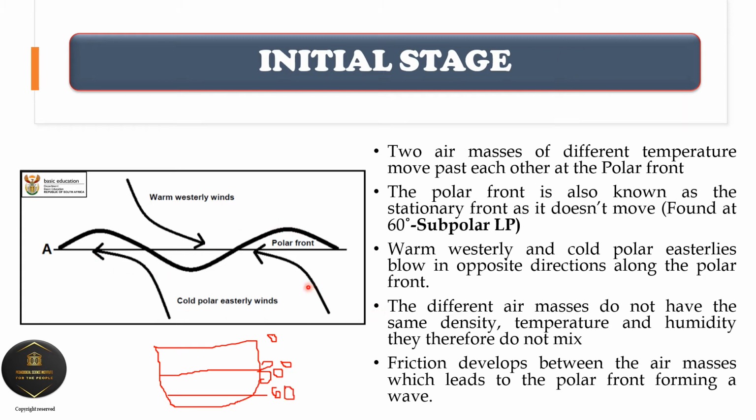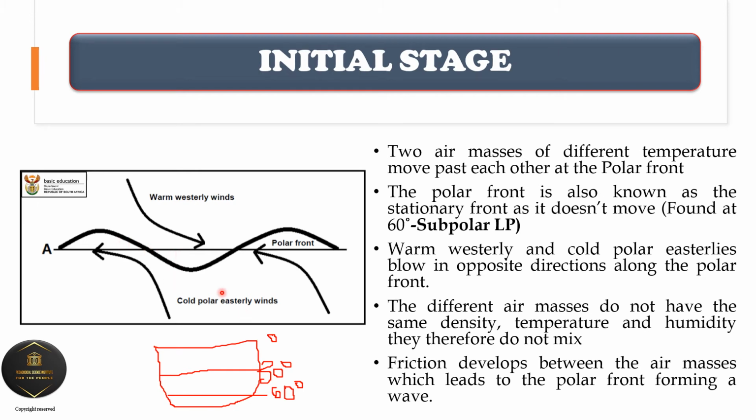Okay, so we have these lines of latitude, and we said the system forms in the middle latitudes, which means it forms between 30 and 60 degrees. And we said the air that is found between the 30-degree and 60-degree lines of latitude is basically warmer, right? So we have warm tropical westerly air, and here we have cold polar easterly winds.